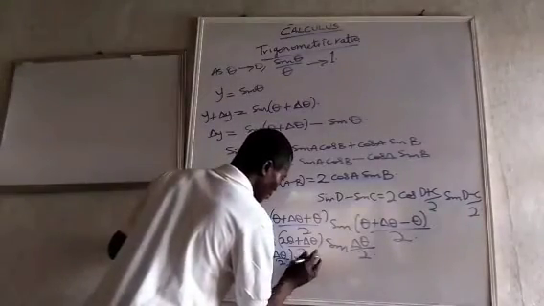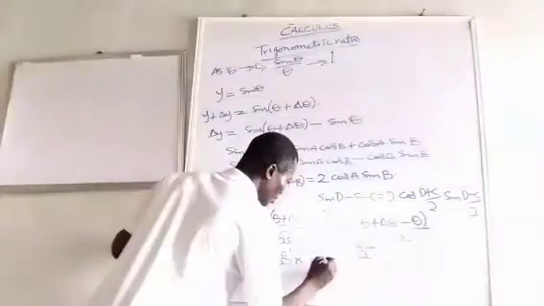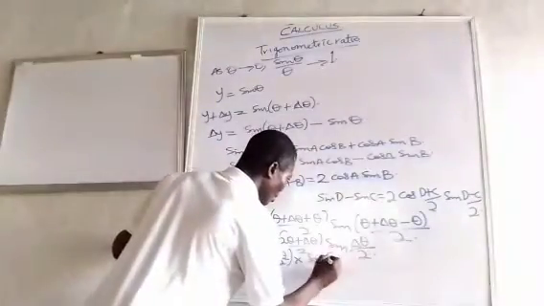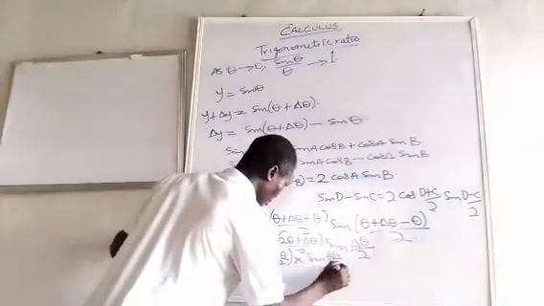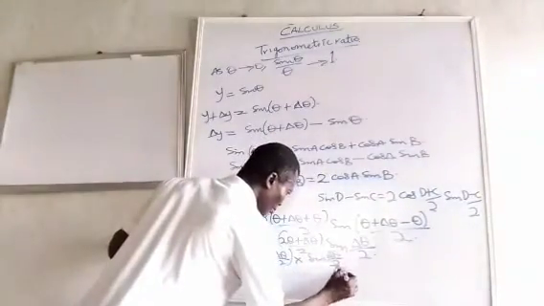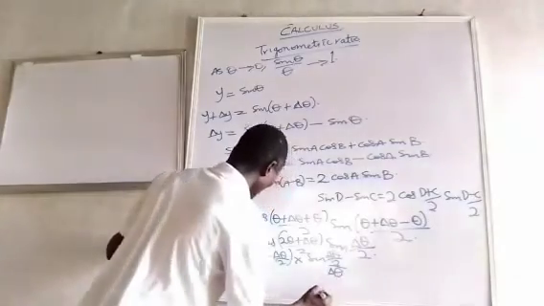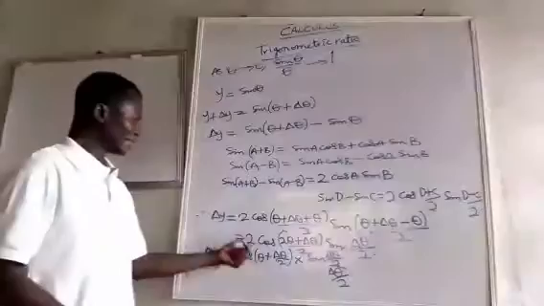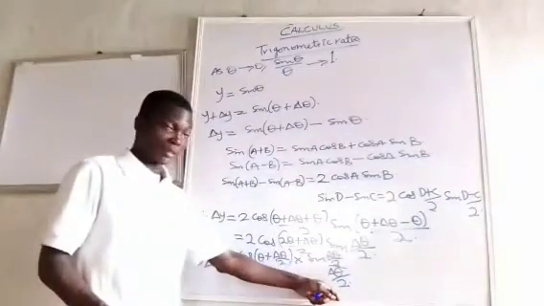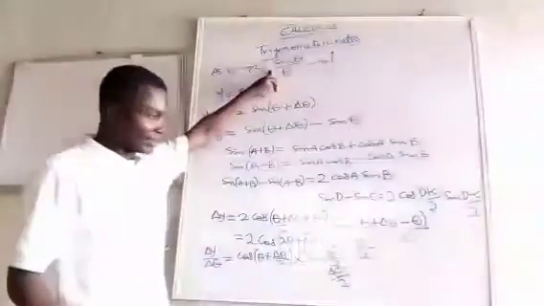Multiplied by sin of delta theta over 2 divided by delta theta over 2. That delta theta, we use it here. The 2 that is here, I brought it down here. Do you understand? So that we will get a similar result as this one.